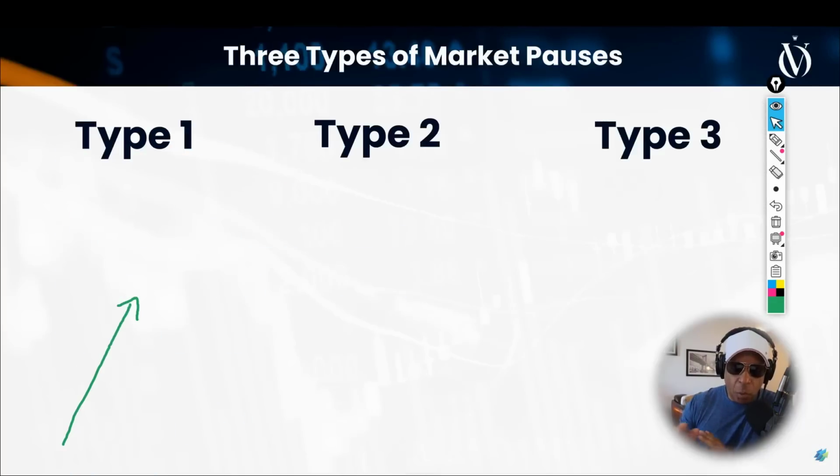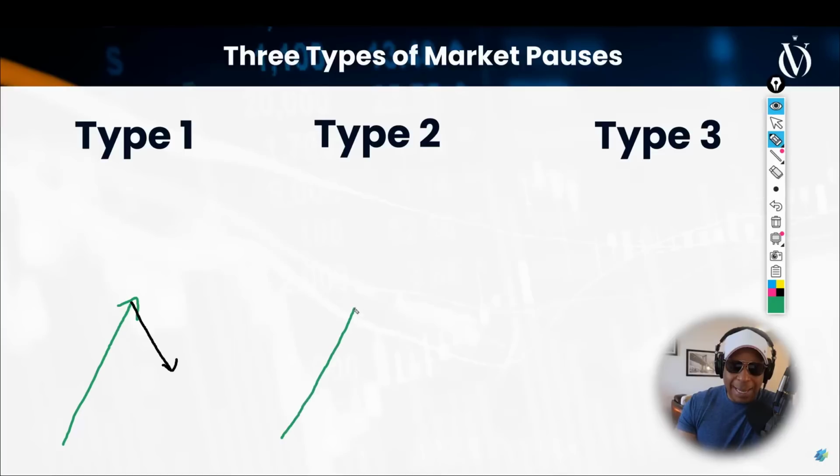Okay. So we first have a move up, any of the 3. And then the first type of pause is usually a pullback, a retracement, a giving back of a portion of the move up. All right? That's pause number 1.